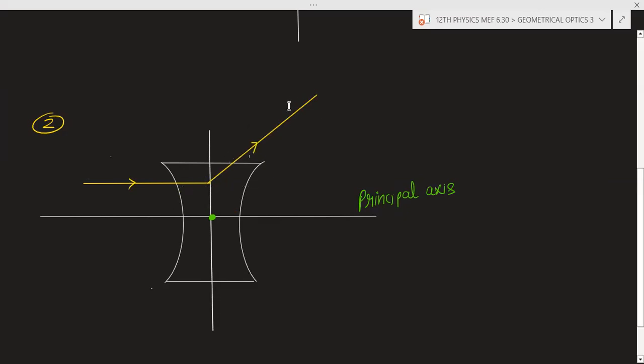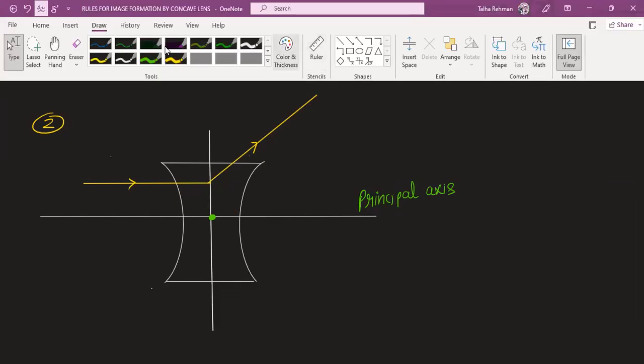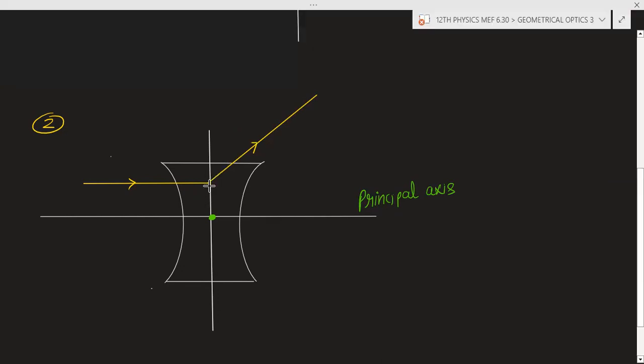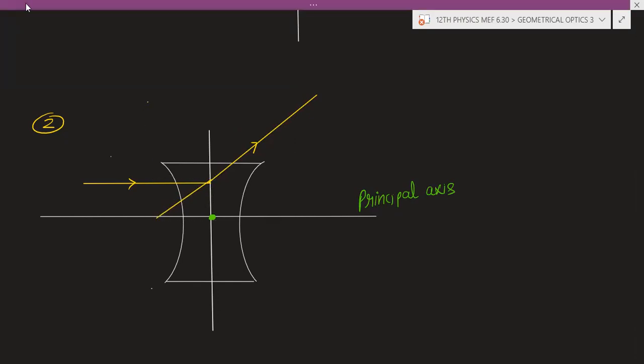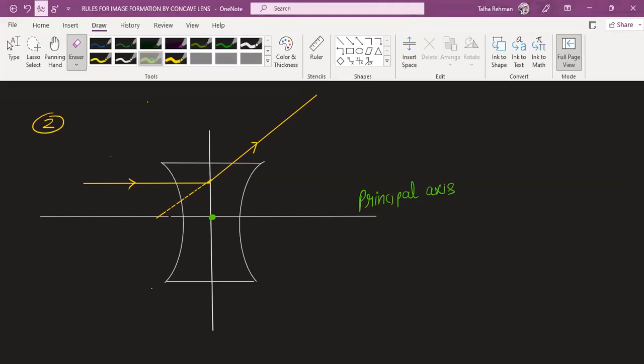And when you produce these diverging rays in the backward direction, they will pass through the principal focus of the lens. That is F2.